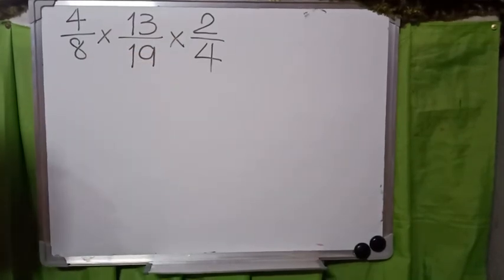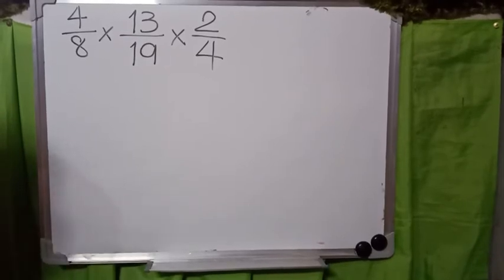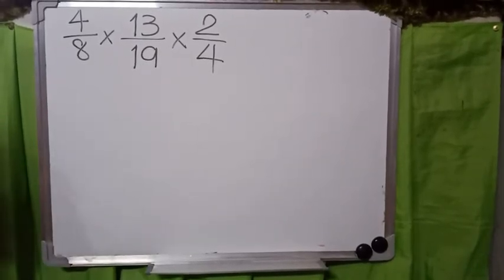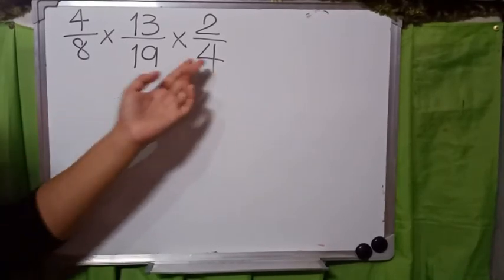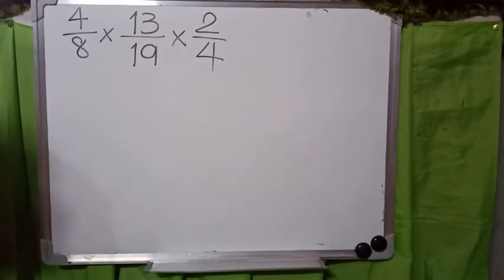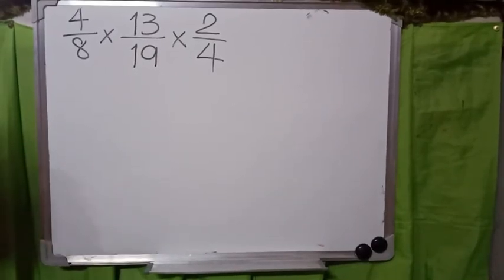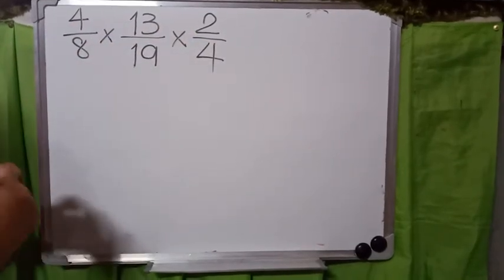So what will we do? Do we need to use rectangular strips? No, because it's more confusing to use rectangular strips with three proper fractions. So what we will do is factor out these numbers.